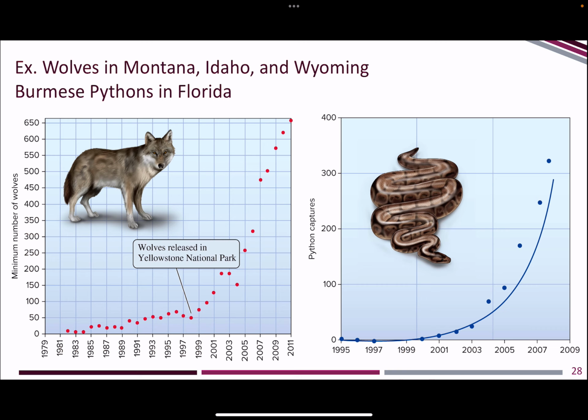Here we have two examples. One is an example of wolves in the interior Northwest United States. In the late 1990s, a small number of wolves were reintroduced into Yellowstone National Park, where they had been missing for 50 years or so.